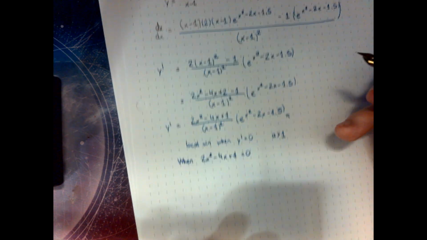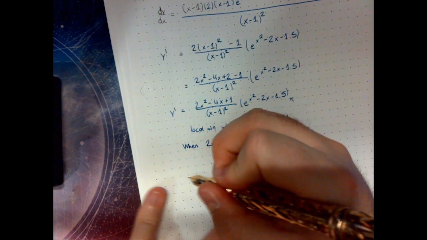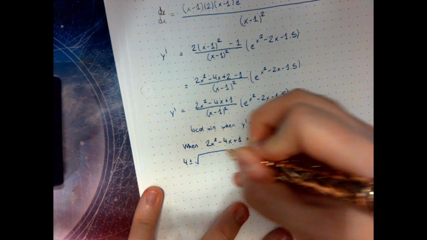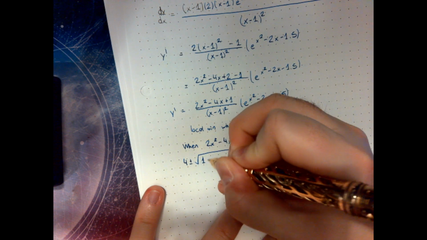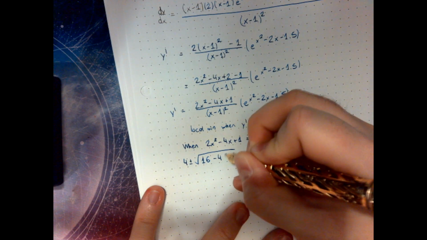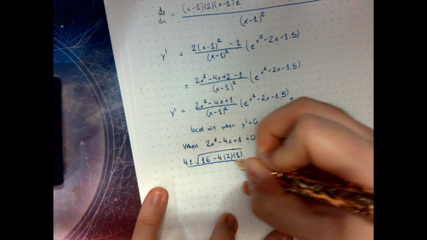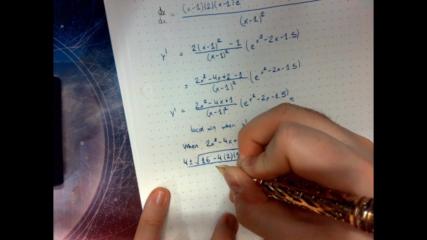And that I can just solve with my quadratic formula, right? So I get, what, minus b, so 4 plus or minus the square root of 16 minus 4 times a times c, over 2a, so 2 times 2.